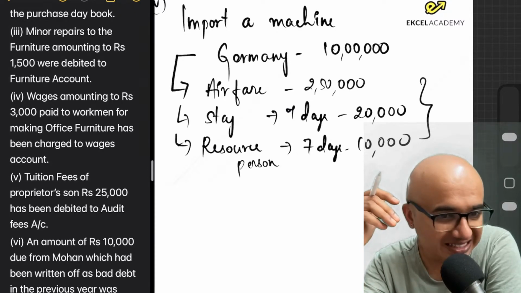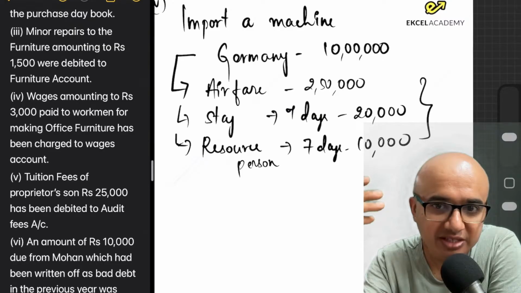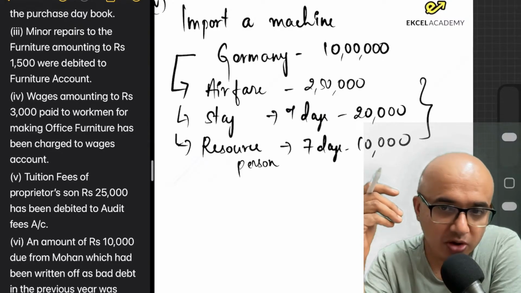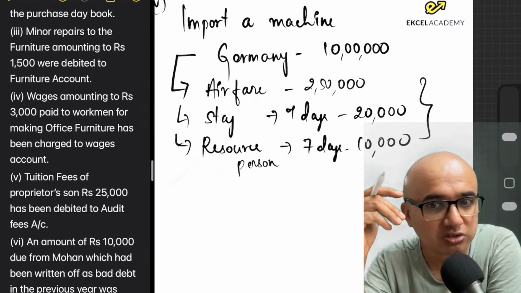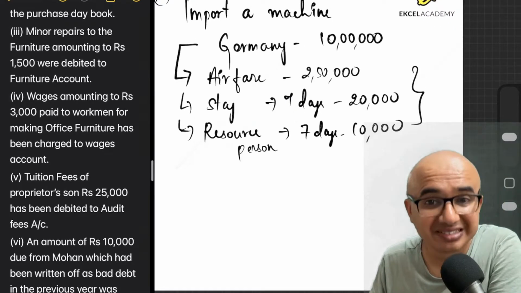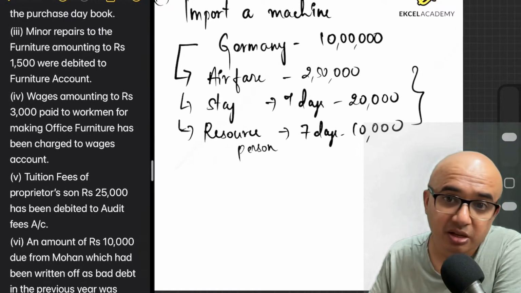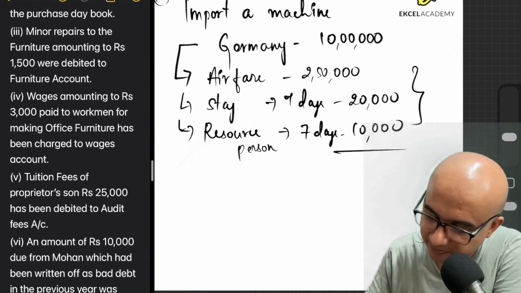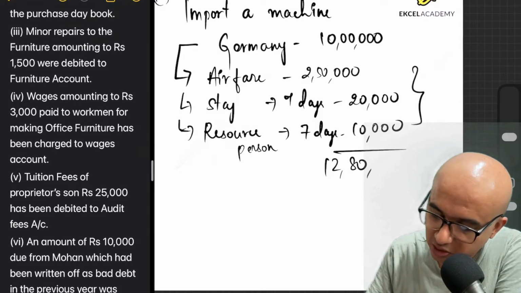So when you are accounting this particular purchase, you should not only consider 10 lakhs as the cost of the machine. You should consider 10 lakhs plus 250 plus 20 plus 30. That means 1280 would be the cost of this machine.